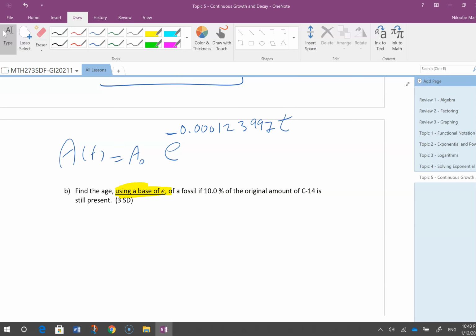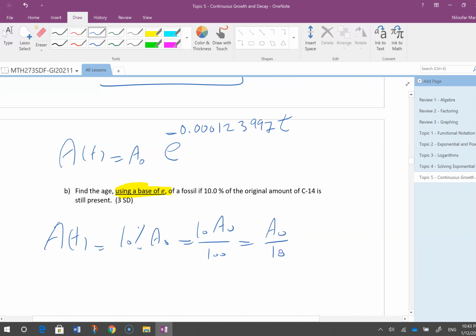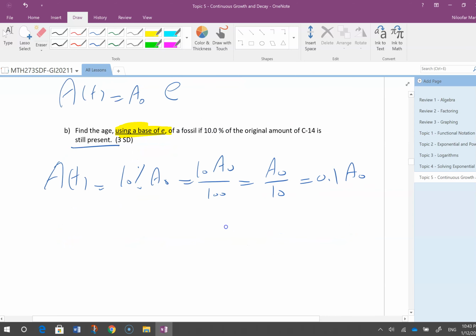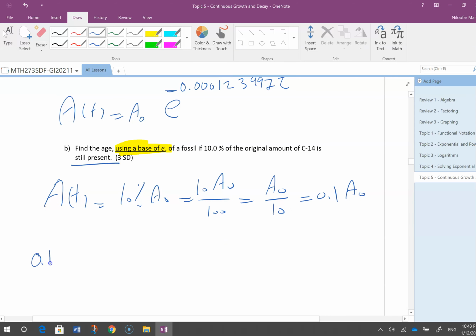It means AT is 10% of A0, which is A0 times 10 divided by 100, which means A0 divided by 10, which means 0.1 times A0. It says 10% is still present, it doesn't say 10% is gone. So 0.1 A0 equals A0 e power minus K t.